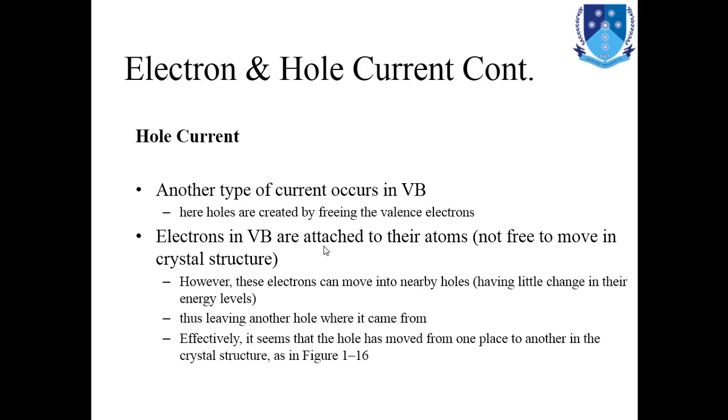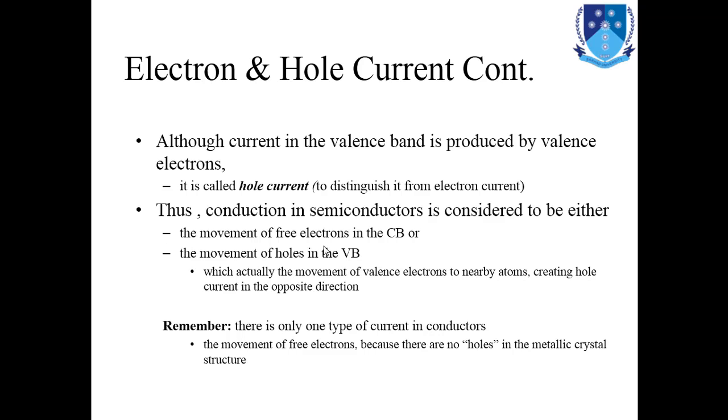Effectively, it seems that the hole has moved from one place to another in the crystal structure, as shown in figure 1.16. Remember that the current in the valence band is produced by valence electrons. Still, it is called hole current, to distinguish the hole current from the electron current.